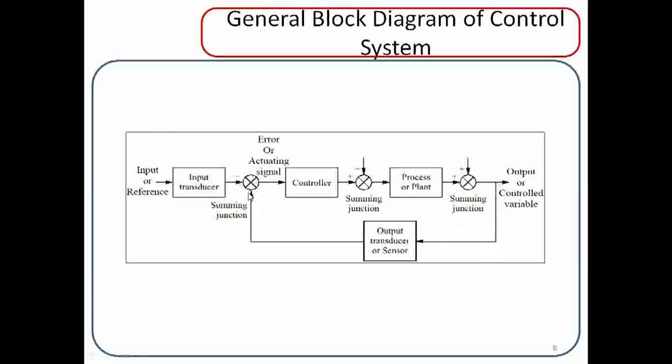So if this particular system or box does not exist, then this overall circuit system is called an open loop control system. By the incorporation of this feedback alignment or output transducer or sensor to the reference channel, this circuit diagram will be called a closed loop control system.